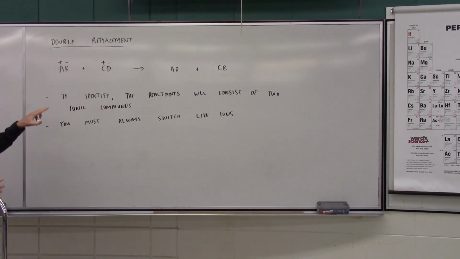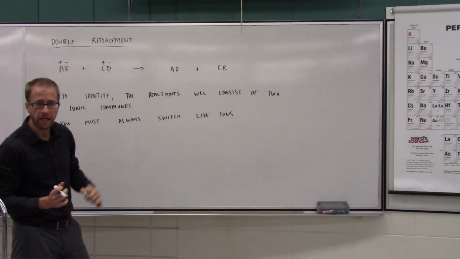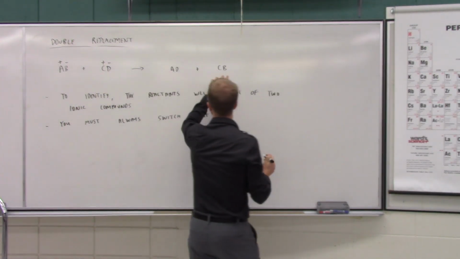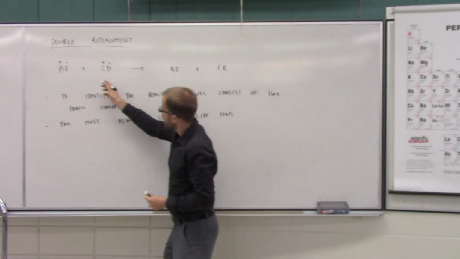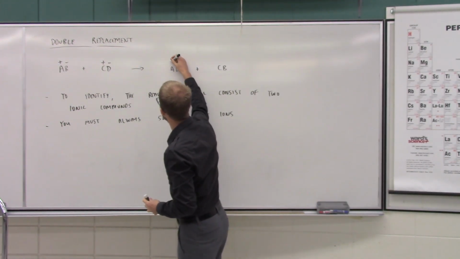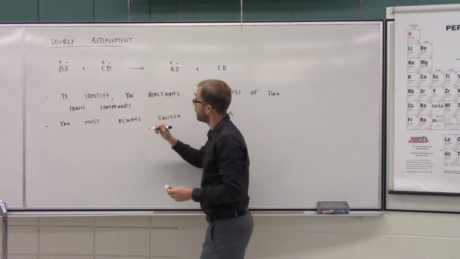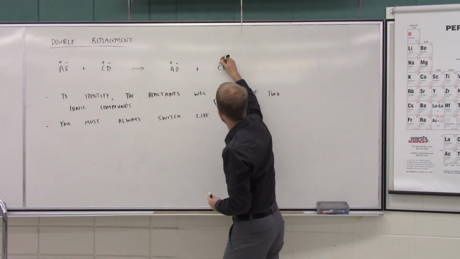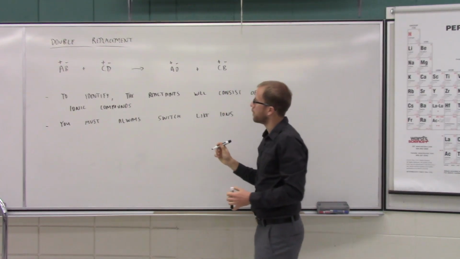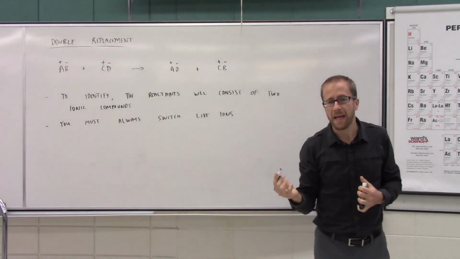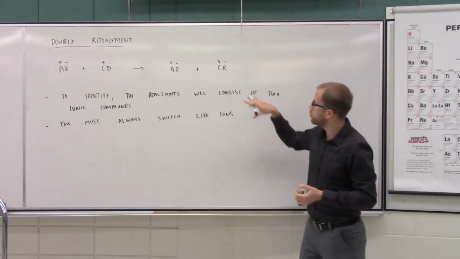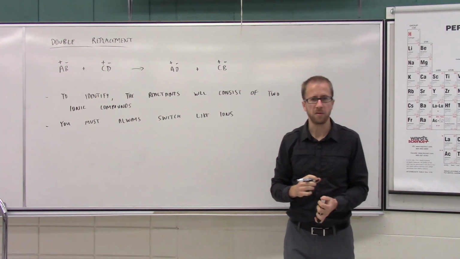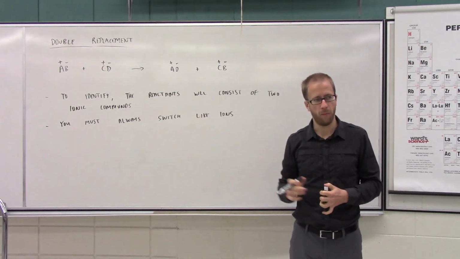And if you look at the way I've switched them, I intentionally switched them in this way. Because now look, A is a cation, D is an anion. We have cation with anion. B is an anion, C is a cation. We have cation with anion. So you can see that I have not changed the structure of my ionic compounds. It's always going to be cation followed by anion.